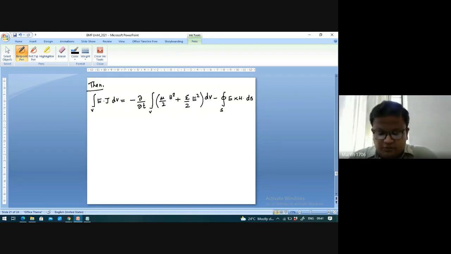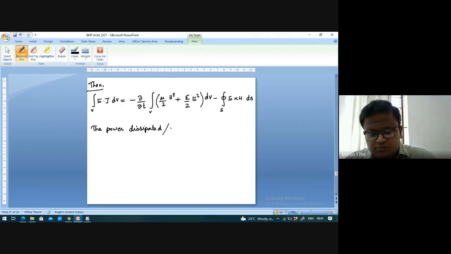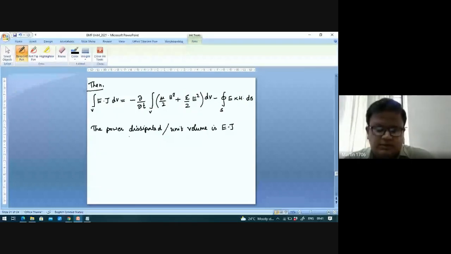Then I'm going to give the unit for this, the power dissipated per unit volume. Why I say per unit volume is because it is multiplied with J, the current density; it is nothing but E dot J. Sometimes they will ask, the power dissipated per unit volume is dash.